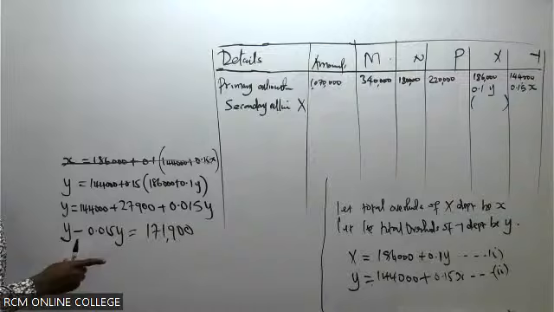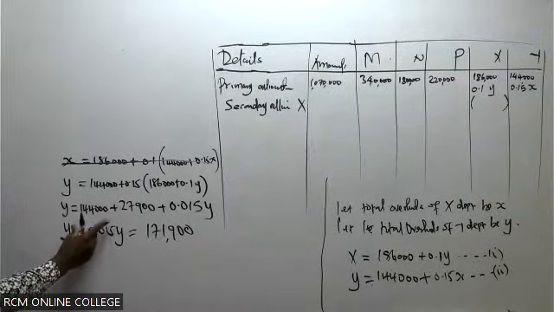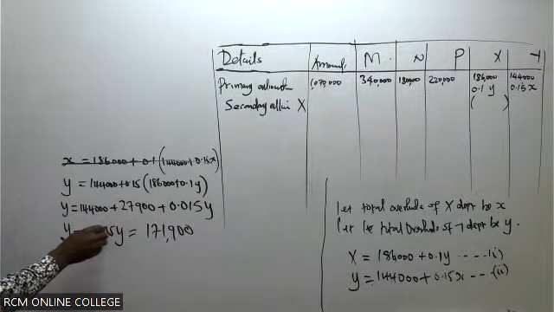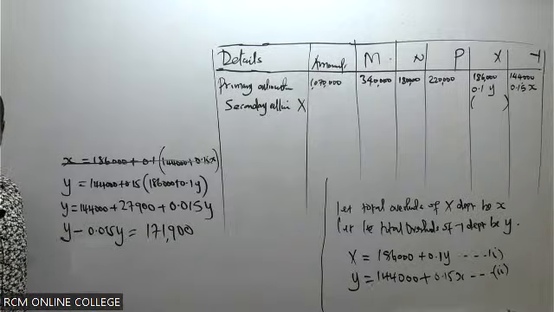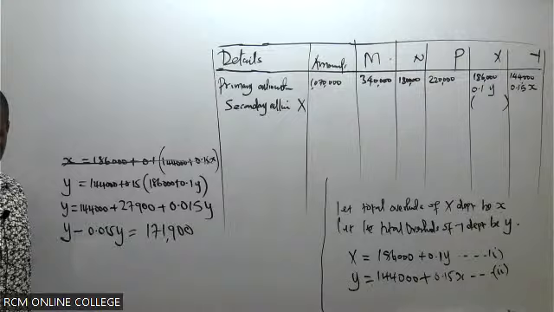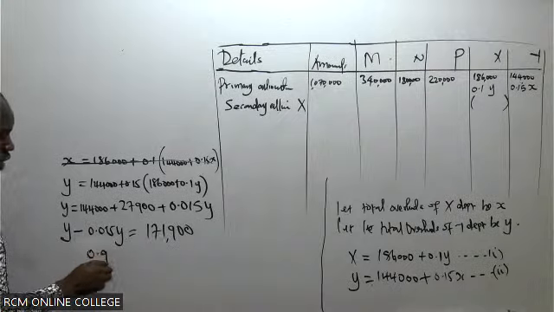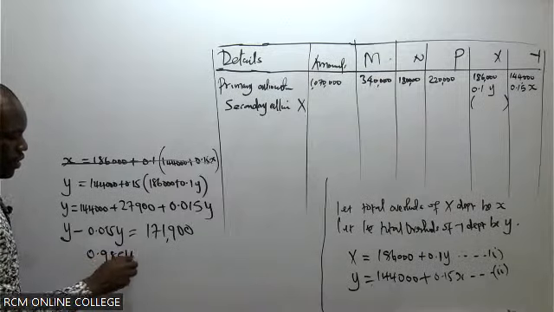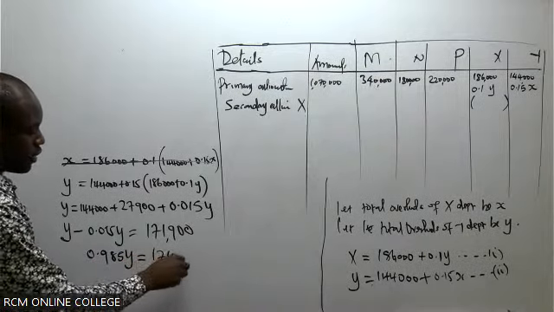Good. So someone has gone ahead and even given us the difference here. Y minus 0.015Y is the same as something here. Someone has given me the result: 0.985. 0.985Y is equal to 171,900.